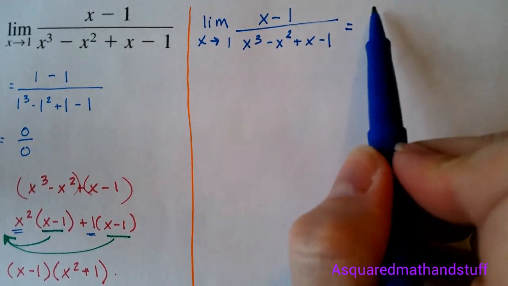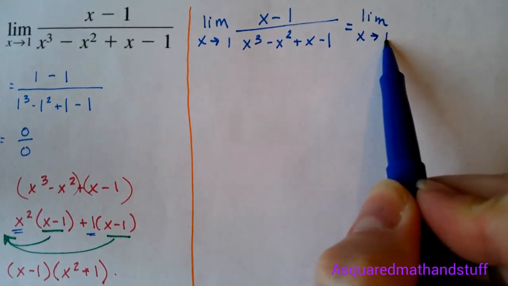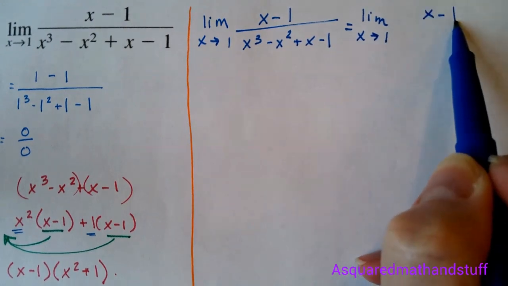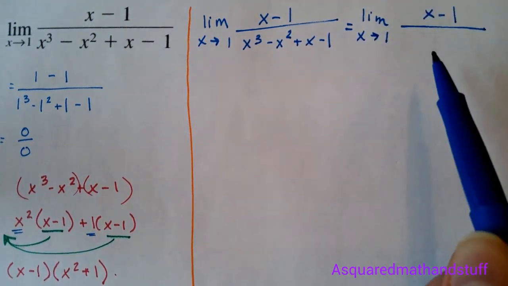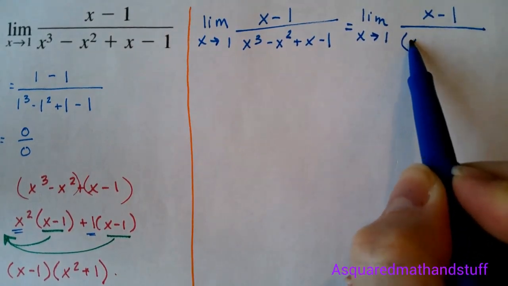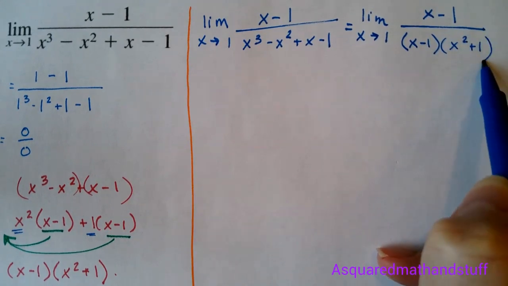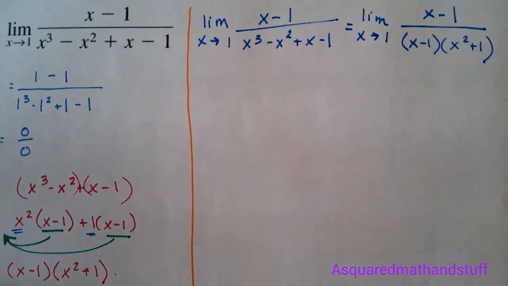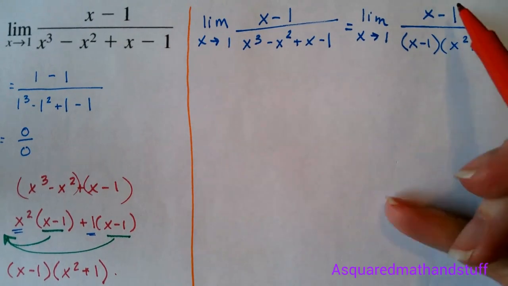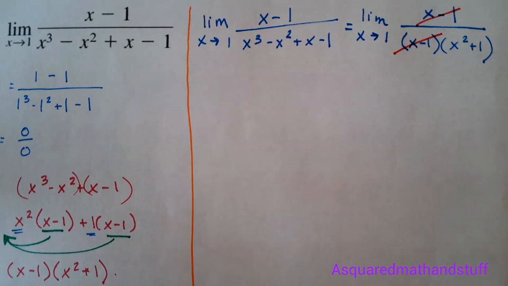And that equals the limit as x approaches 1. The numerator remains the same, and we are going to plug in what we factored into our denominator. So we have x minus 1 times x squared plus 1. So now we can see that we can simplify in our numerator and denominator. So let's get rid of the x minus 1.